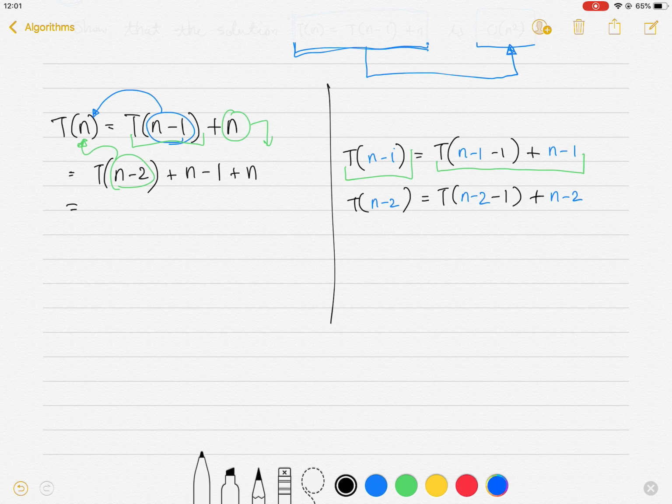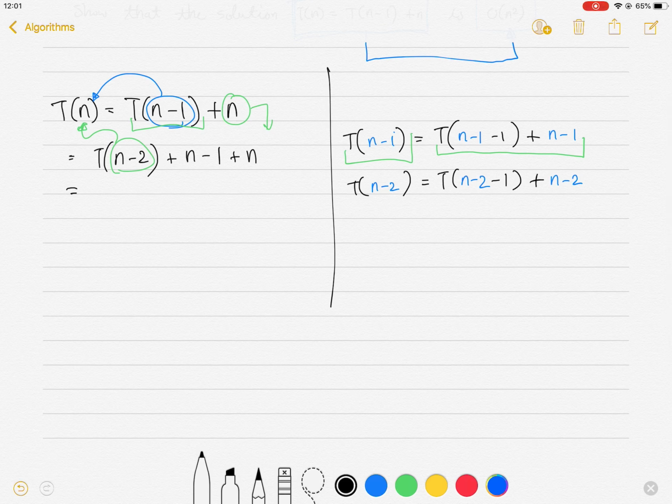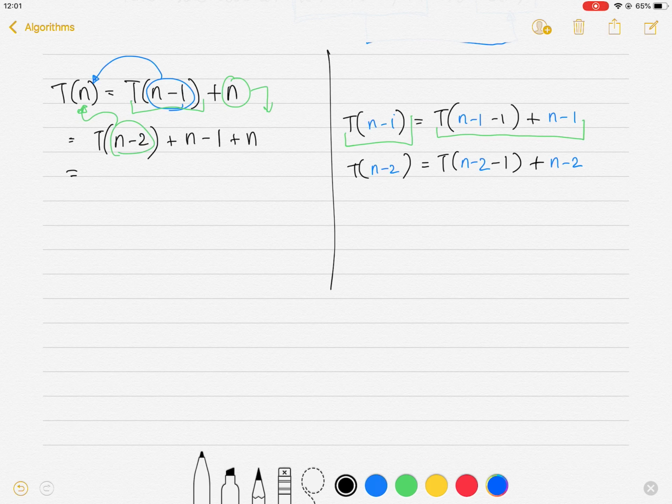We keep doing this until we see some sort of pattern. We've only done this recursive call twice, so we might need to do one or two more to gain an intuition as to what's going on, because we need a general pattern to get a solution, to get a big O. So t of n minus 3 plus n minus 2.